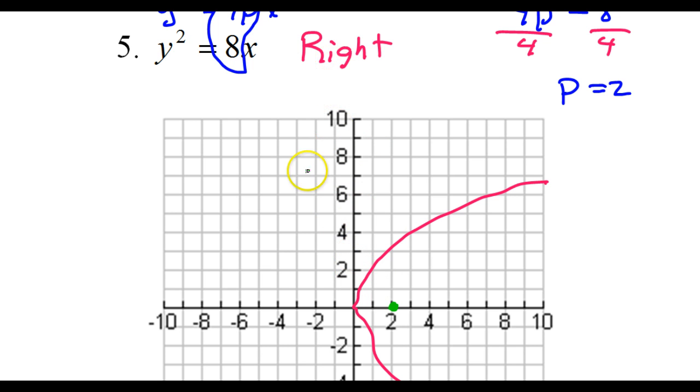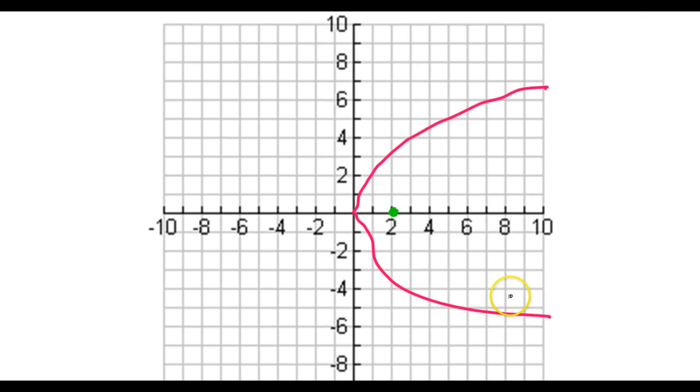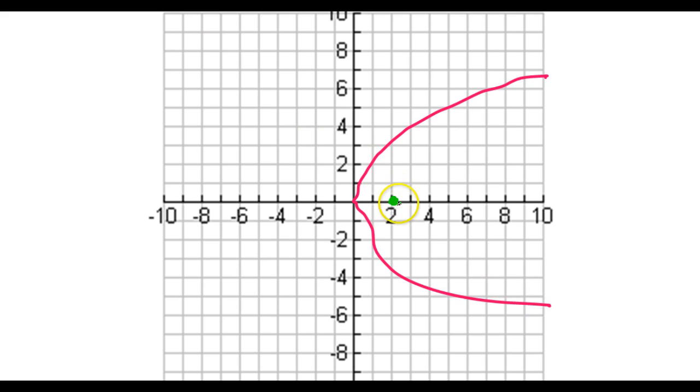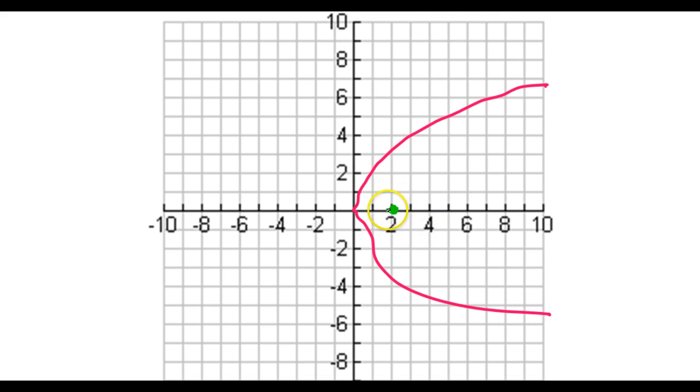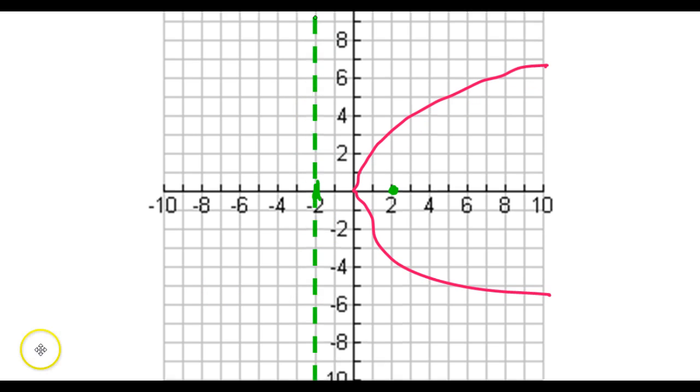But since it's going to the right, that's how we know to put it here, to the right. So if the focus is here on the right, that means the directrix will be the equal distance over here to the left. So it'll be a vertical line over here. Okay, so there you go.